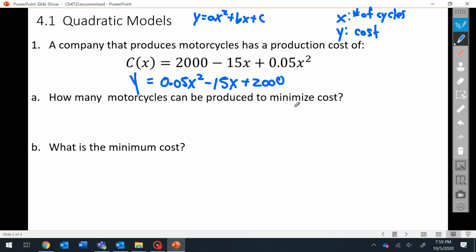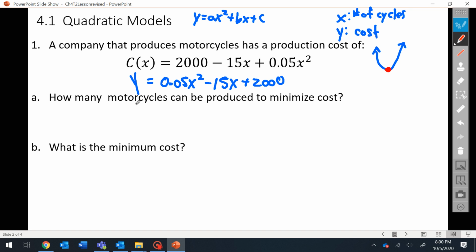So if we're looking for the minimum cost, we're looking for the vertex, all right? Because the quadratic is going to look like this. Since the a value is positive, it's positive 0.05, the parabola is going to be opening up, which means the minimum cost is going to be down here at the bottom, which is the vertex.